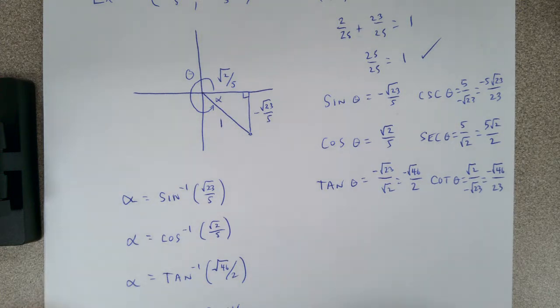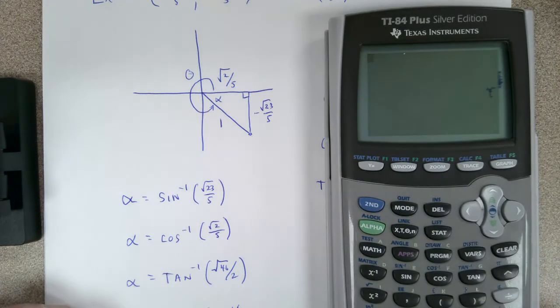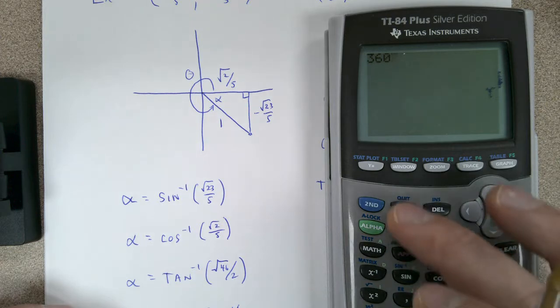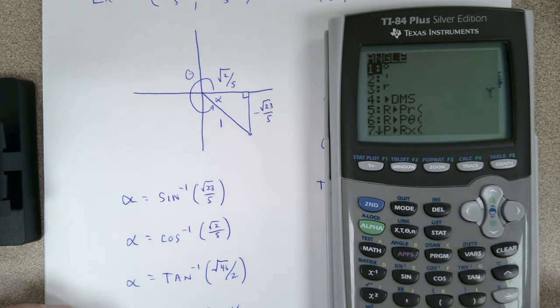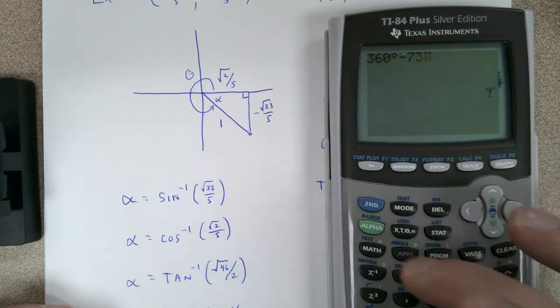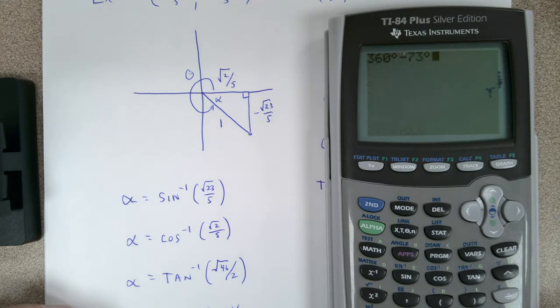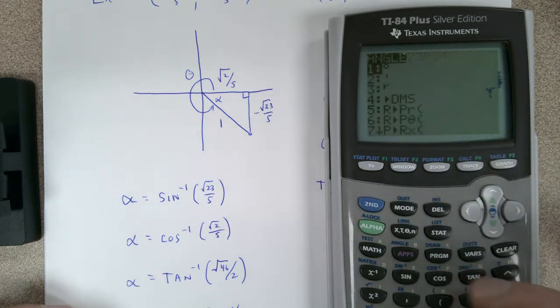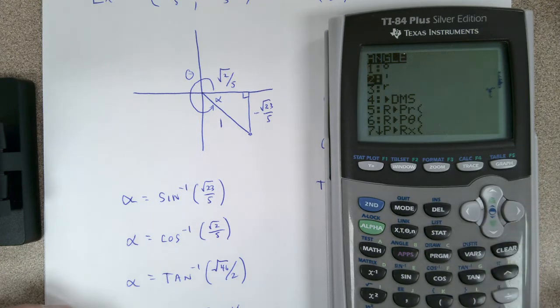And when I do that, what that's going to give me, again, if I want to use my calculator here, 360, and that's in degrees, minus 73, again degrees, and 34 minutes.